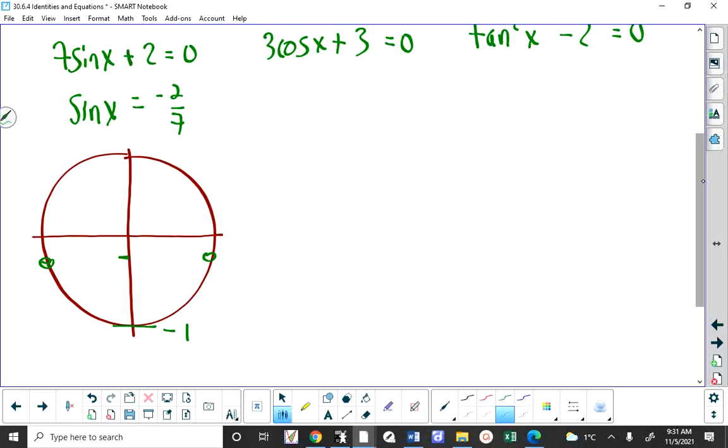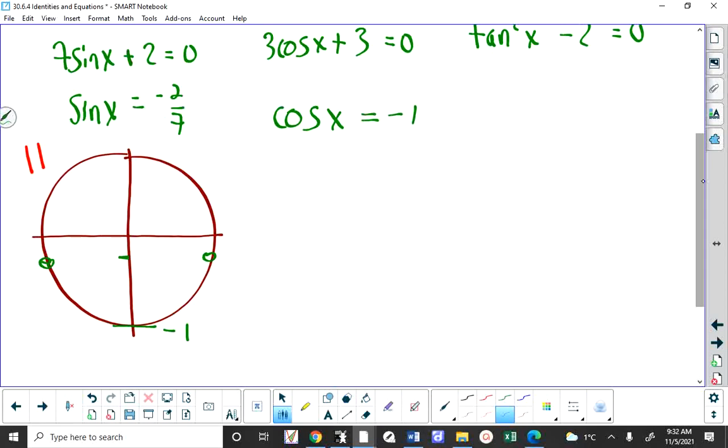And we get used to the idea that if you have sine of something equals a number or cosine equals a number, there's 2 solutions in the first revolution. So there's 2 there. 1, 2. That's not 11, it's just a tally. When we rearrange this, we get cosine of x equals negative 3 over 3, which is negative 1.